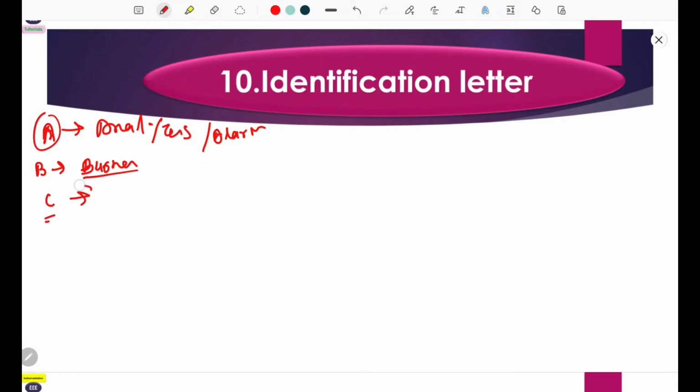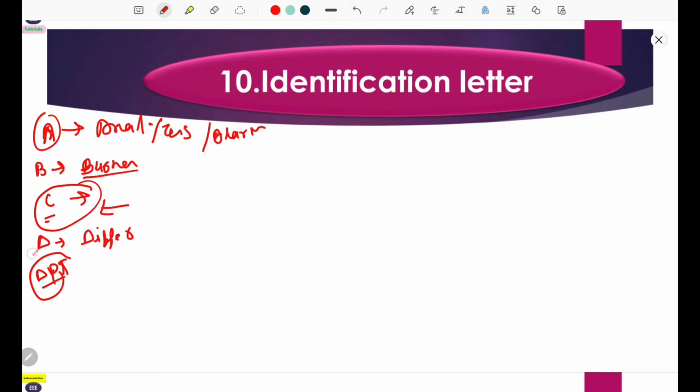Another is C. Generally C is not used, but you can use it as per user requirement. Then D. D is differential. It is generally used for differential, such as DPT, a differential pressure transmitter, or in an orifice.